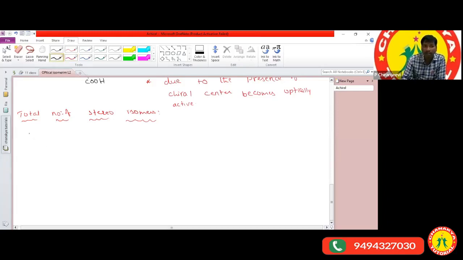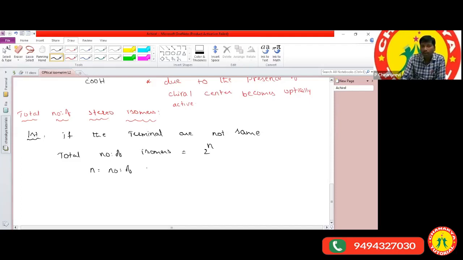The first condition: if the terminals are not the same, then to calculate the total number of isomers, the formula is total number of isomers equals 2 to the power of n, where n is equal to the number of chiral centers.